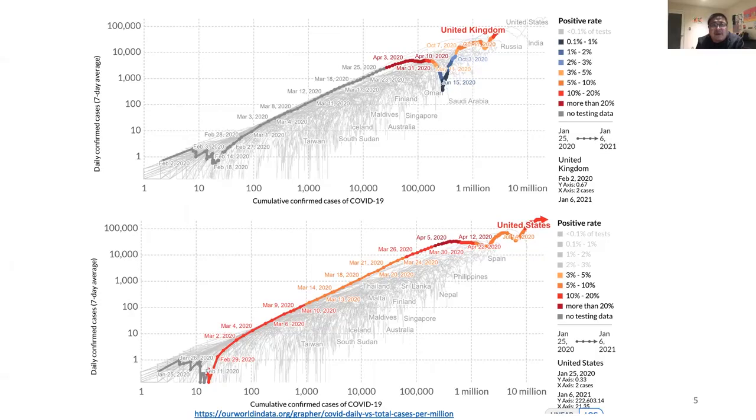From the top figure, we can clearly see a two-wave trend for the case increase in the United Kingdom. From the bottom figure, we can see that for the US, it is almost always an increasing trend in the number of cases. Although there are some fluctuations in the middle of 2020, overall it has a pretty impressive increasing trend.